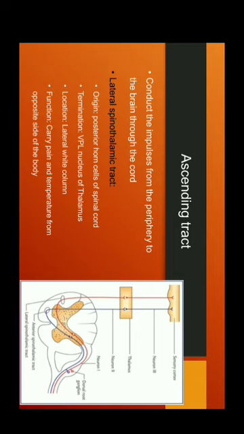Now this lateral spinothalamic tract is concerned with carrying pain and temperature sensation from the opposite side of the body. Let us see the origin of this tract. The first order neuron of the lateral spinothalamic tract is located in the dorsal root ganglion.